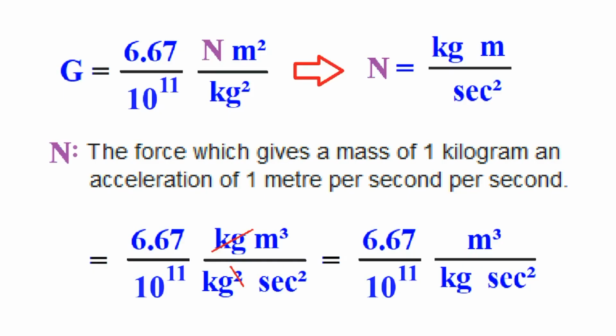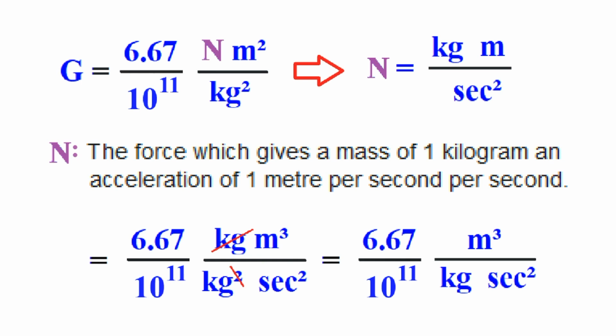Okay, so here we have the gravitational constant G, 6.67 times 10 to the minus 11 newtons meter squared over kilogram squared. What in the world does all that mean? Well, the Newton is a kilogram meter over second squared, okay?